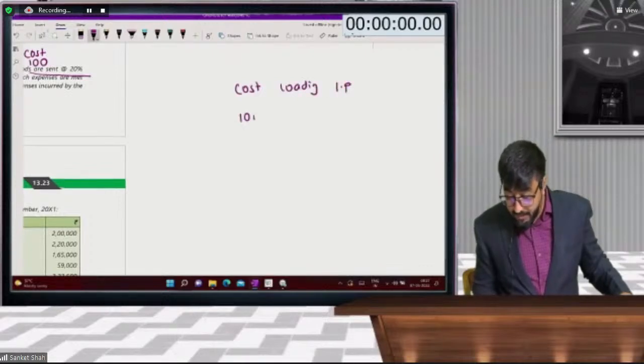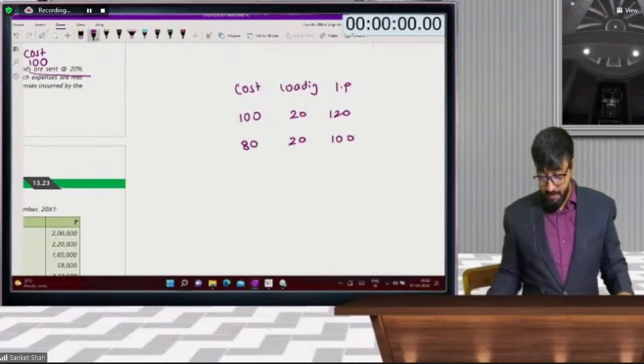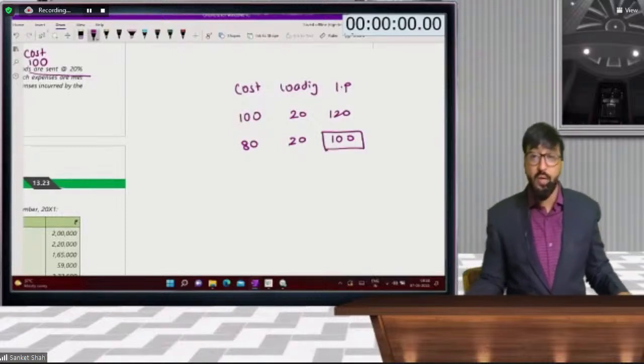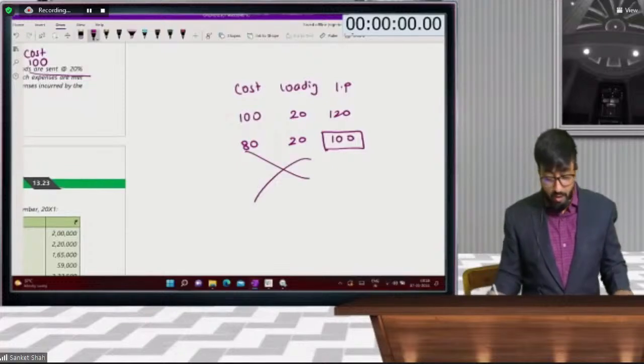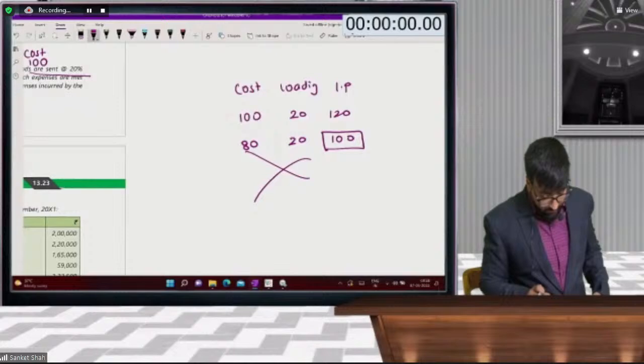If 20% is on cost, then the equation will be 100, 120. But if 20% is on invoice price, then it is 120 and cost is 80. So whatever percentage you take it on, you will assume it as 100 and then cross multiplication. Okay.